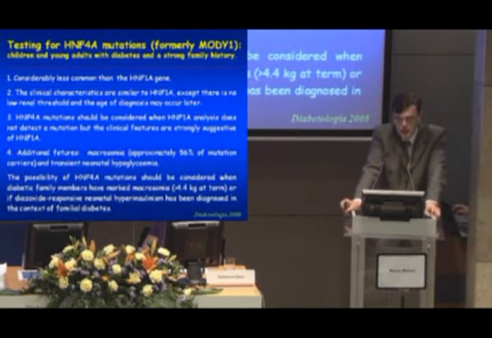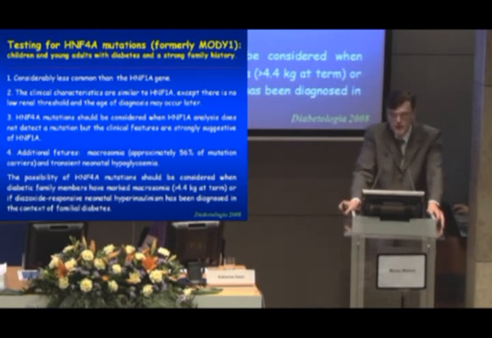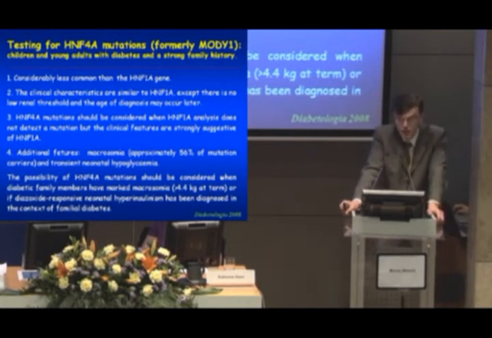And now some indications for HNF4 alpha mutation testing. This is considerably less common than HNF1 alpha gene as a cause of MODY. The clinical characteristics are quite similar to HNF1 alpha, except for no low renal threshold. And HNF4 alpha mutations should be considered when HNF1 alpha analysis does not detect a mutation, but the clinical features are strongly suggestive of HNF1 alpha.